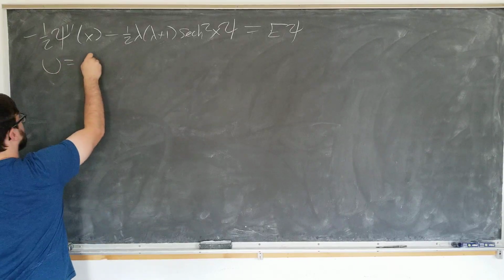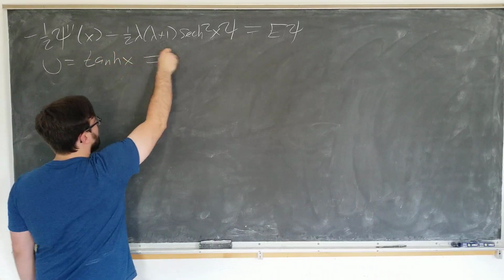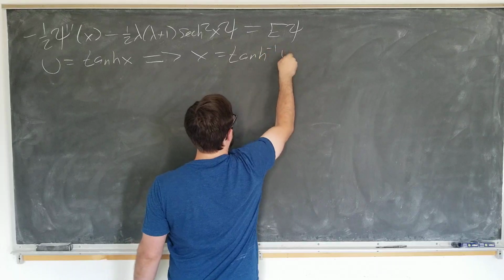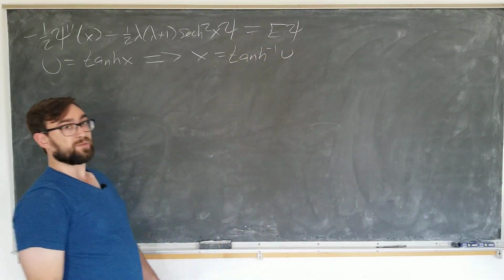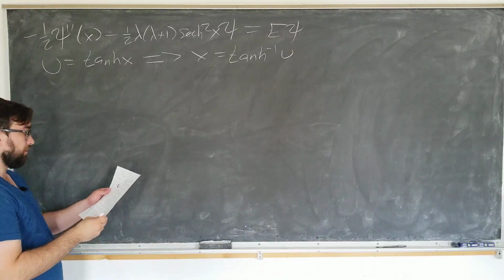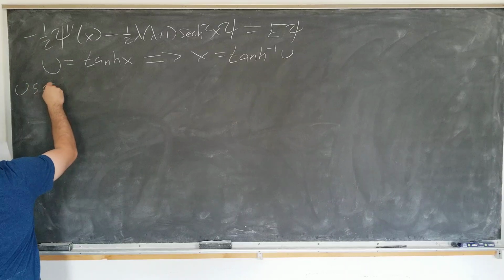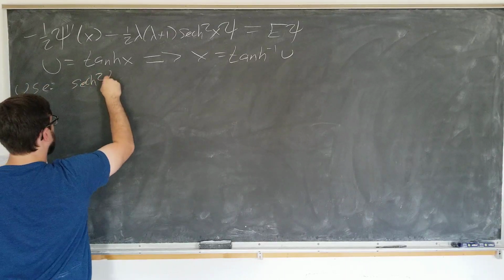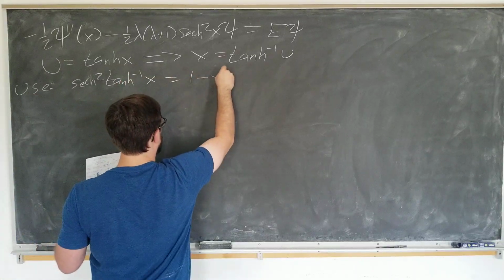We're going to let u be tanh of x, and then obviously x is equal to inverse tanh of u. So basically, we have to know a bit about the inverse hyperbolic tangent function to proceed with this. We'll be using identities which we'll be proving, like sech squared tanh inverse of x is equal to 1 minus x squared.